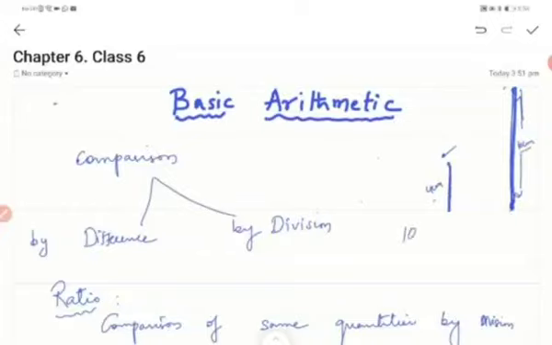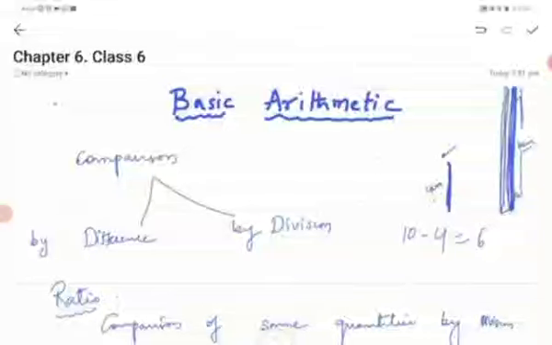So you will subtract 10 minus 4, it is 6. So the big stick is 6 centimeters bigger than the small stick, isn't it? You compare like this. So normally you take the difference.